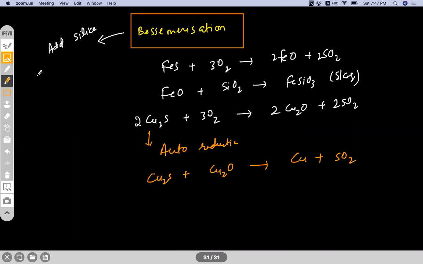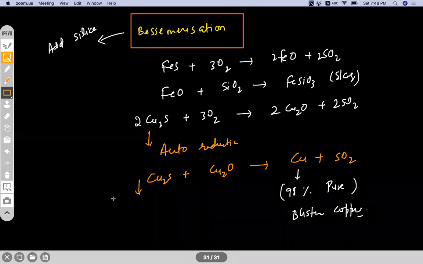Correct? So like this, the copper that we get is 98% pure. Right? We call it blister copper. Blister copper. Further, if you want, we can do electro refining also in the next step.